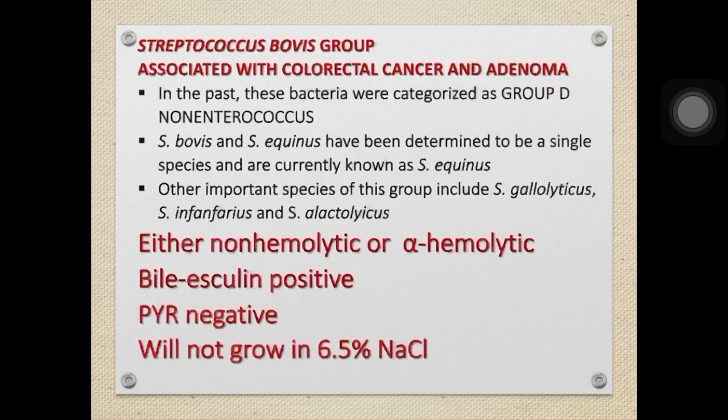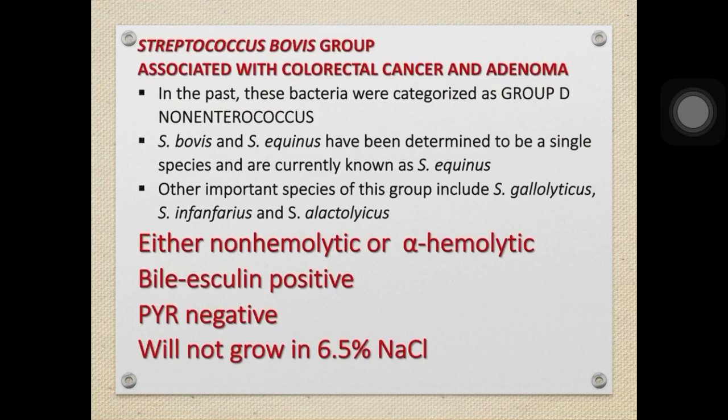Dati po itong Group D, non-Enterococcus, on blood agar, pwedeng gamma hemolytic or alpha hemolytic, but esculin positive. Pero paano po i-differentiate sa Group D Enterococcus? They are PYR negative and they will not exhibit growth in the presence of 6.5% sodium chloride.